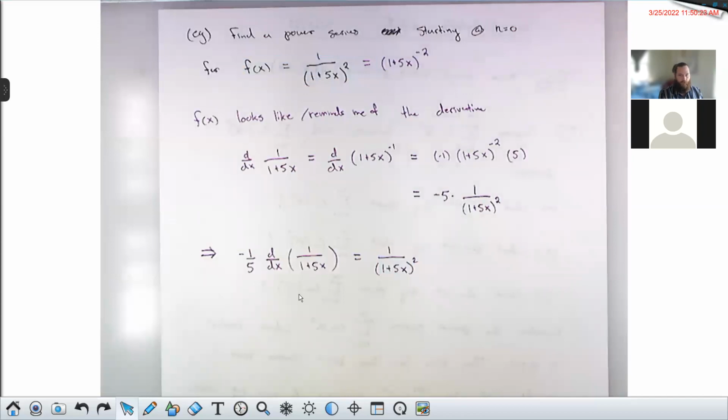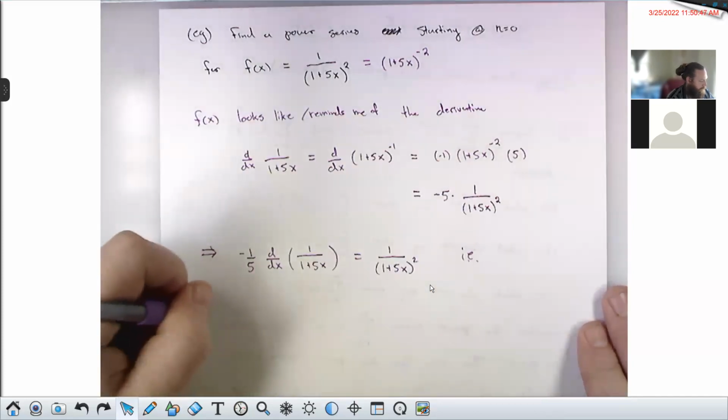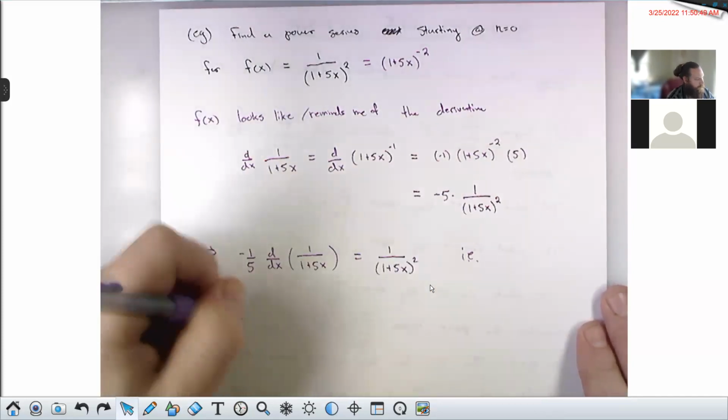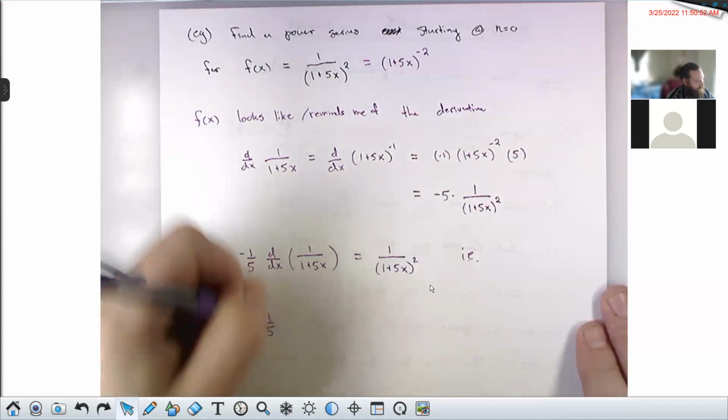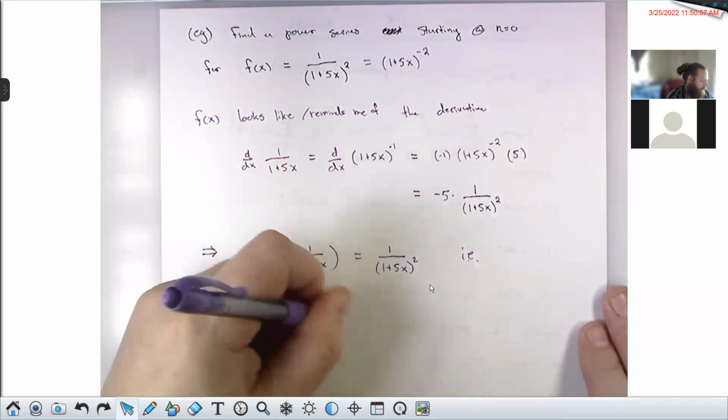Why is this useful? Well, I'm trying to find a power series for this. And what this equation here says is that to get a power series for this guy, I can start with a power series for this, take a derivative, multiply by -1/5, and that will be equal to the function I'm looking for, i.e. my function f of x, the thing I want the series for, is -1/5 times the derivative of 1 over 1 plus 5x.